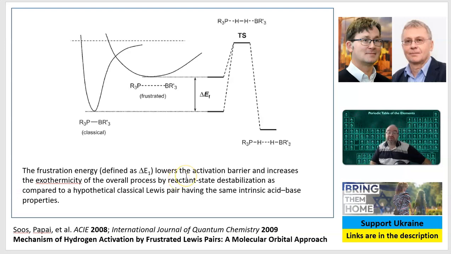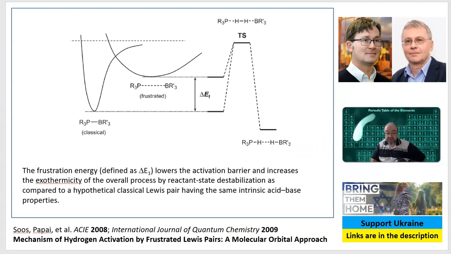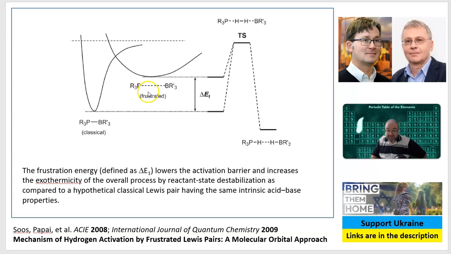One of the reasons for such reactivity that the authors described is that, yes, they cannot reach each other, the base and the acid, and that's what makes them higher in energy. And that's why they react much better than any classical Lewis base and Lewis acid which are in a complex, obviously, because there is less activation energy.